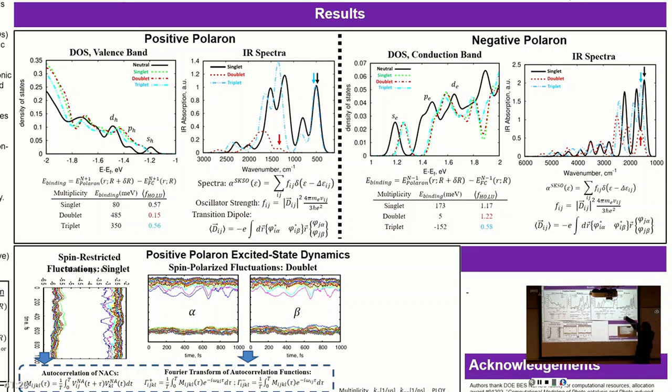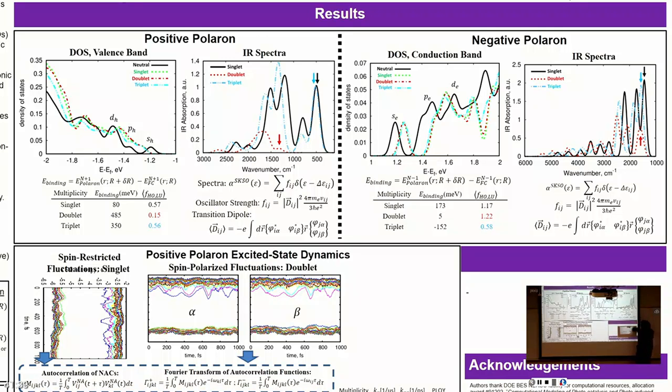Yeah, so then moving on to the IR spectra. For this model compared to the positive polaron, its onset is at a higher energy, about 1,000 wave numbers, which is like 0.2 eV. And all the multiplicities have it in about the same area at about 1,500.